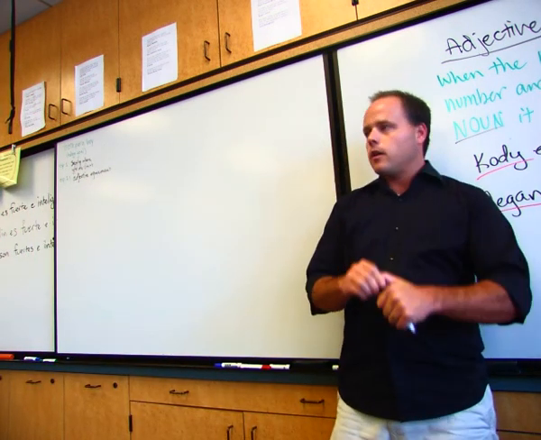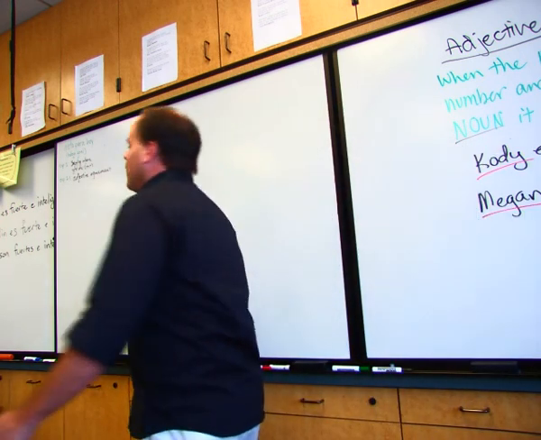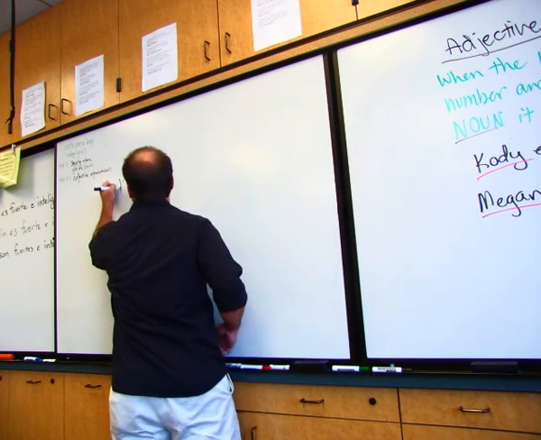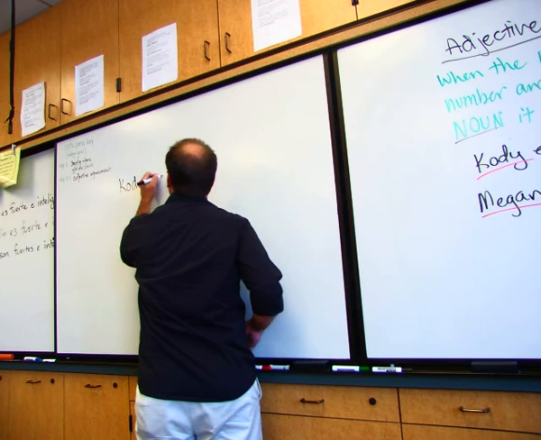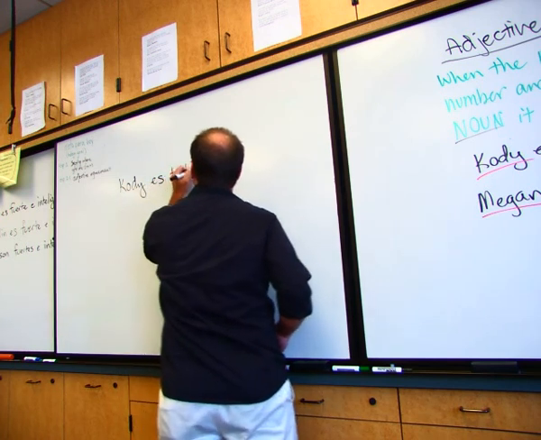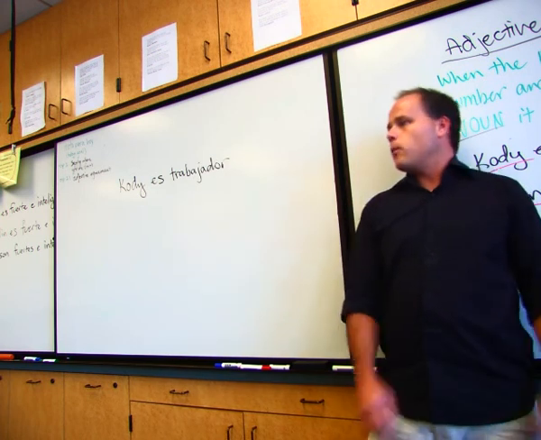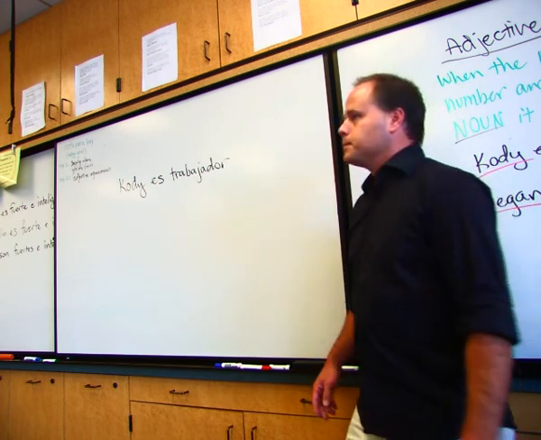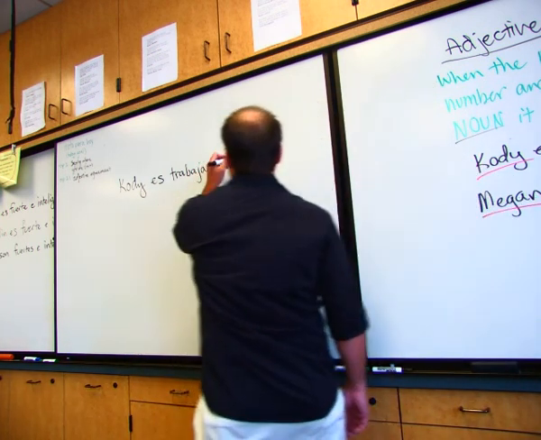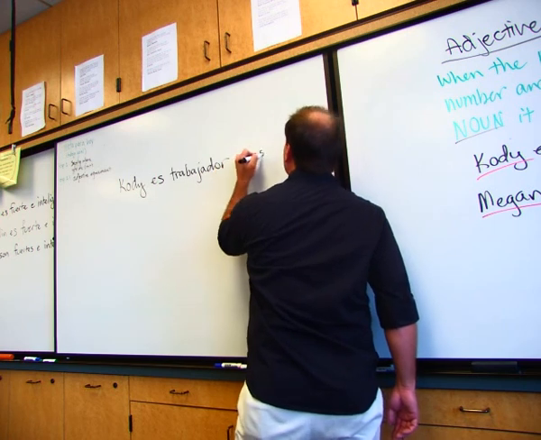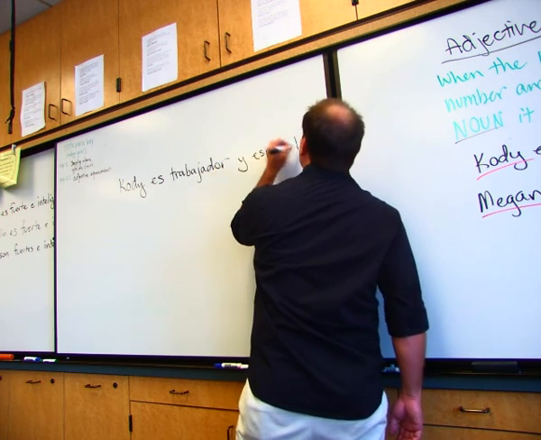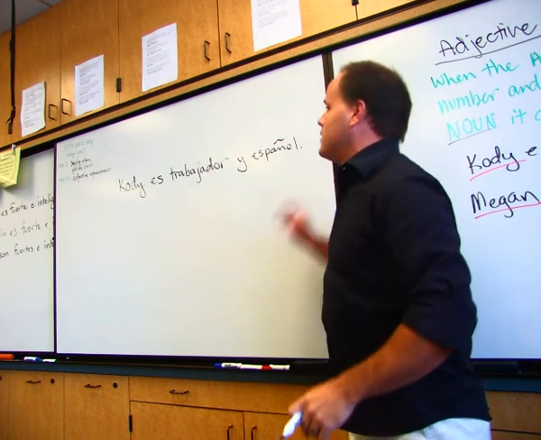All right, Cody, are you hardworking? I'm just going to use you the whole time. Yes. Okay. Cody is trabajador, and we're going to pretend that you're Spanish too. So Cody is a hard worker and he's Spanish.